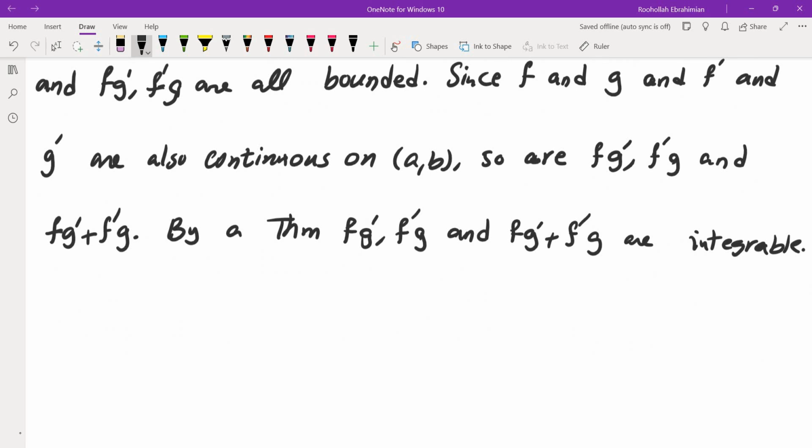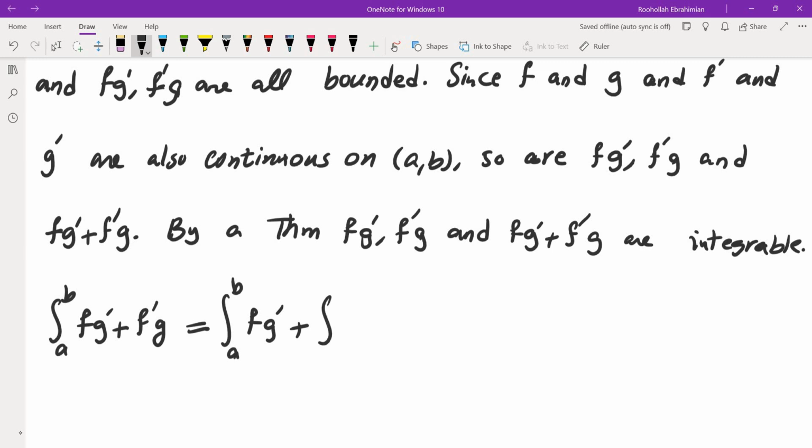So that means these are integrable. So I can rewrite this. I can write down the integral from a to b of fg prime plus f prime g as integral from a to b of fg prime plus integral from a to b of f prime g by additivity.